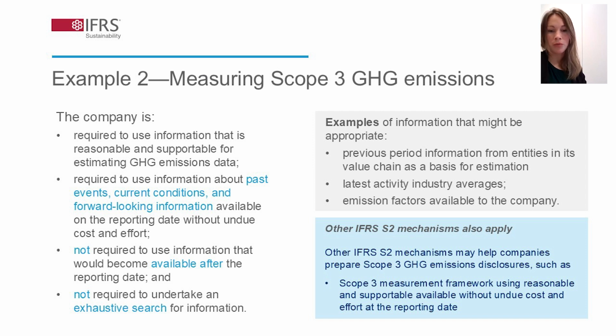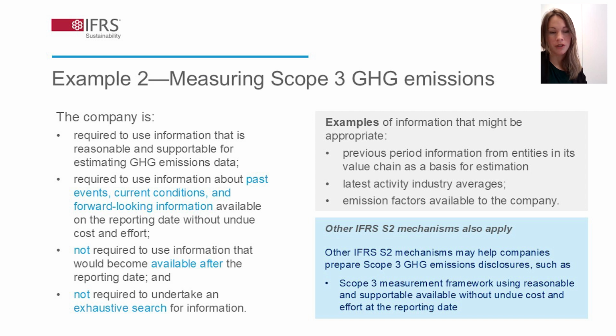In addition to the provision of this proportionality mechanism, when a company selects the measurement approach, inputs, and assumption in measuring Scope 3 GHG emission, the ISSB made a number of other decisions intended to address the challenges with Scope 3 GHG emission. We're not focusing on those today in this webcast, but it's important to mention them given they can work together to support application.